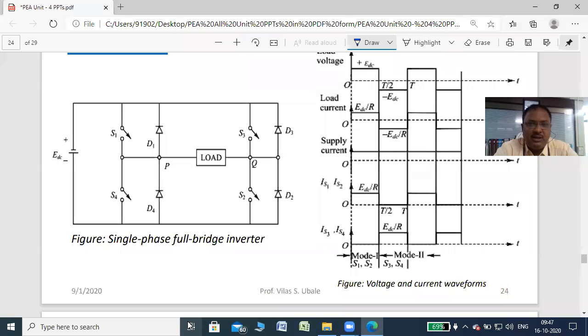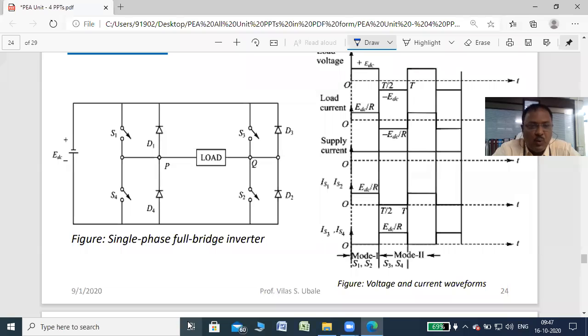But in this particular PPT, I have used the same circuit for the resistive load and for the inductive load, and that's why I have drawn the same circuit. Even you can check in any book, you will find that the same circuit is used for the resistive load and the same circuit is used for the inductive load.